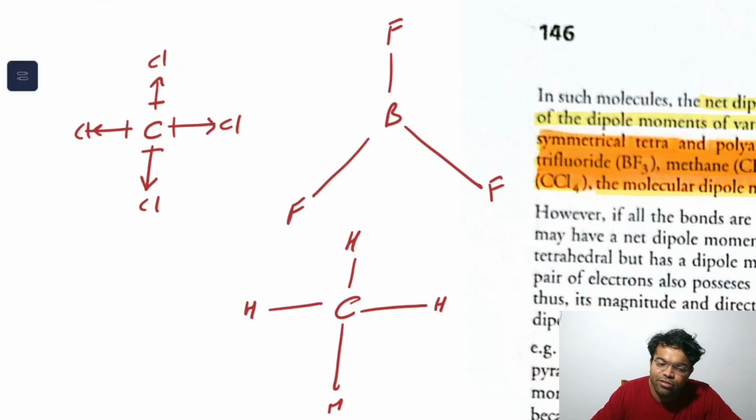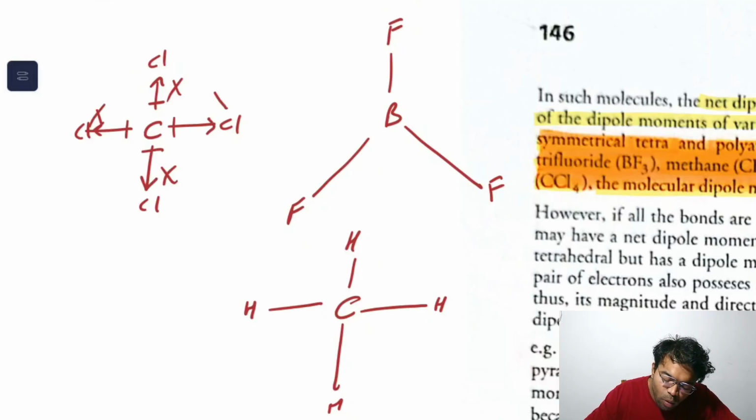This is not the exact structure, it's not a tetrahedral structure, but I'm just trying to explain this to you. Because these bond dipole moments are in opposite directions, the dipole moment of one bond cancels the dipole moment of the other. This will cancel the dipole moment of this.